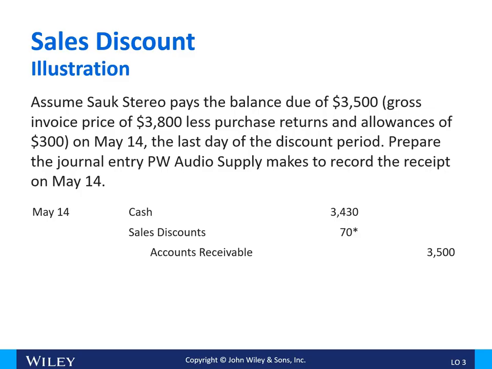So the accounts receivable credit is going to be for the full amount, 3,500, because the customer no longer owes us that. The cash received is going to be that 3,500 minus the discount amount. In this case, it's $70, and we're going to debit sales discount for that $70. Remember, how do we get the $70? 3,800 minus 300 is the 3,500 that is owed, times the 2% discount is our $70.